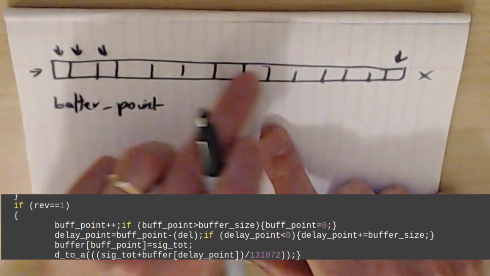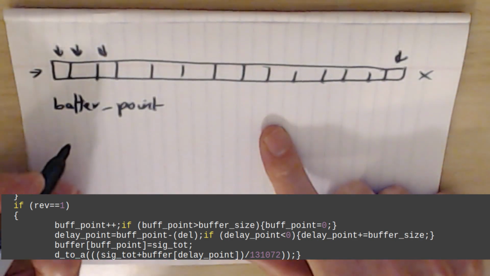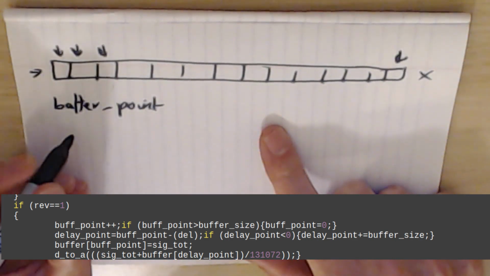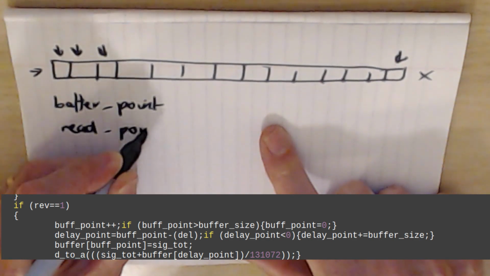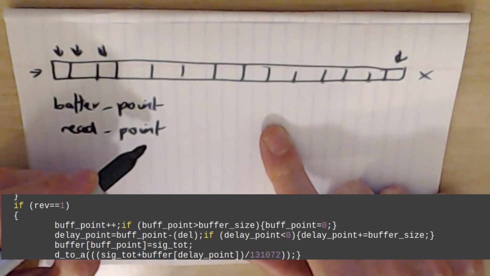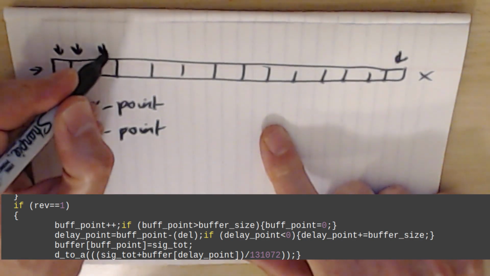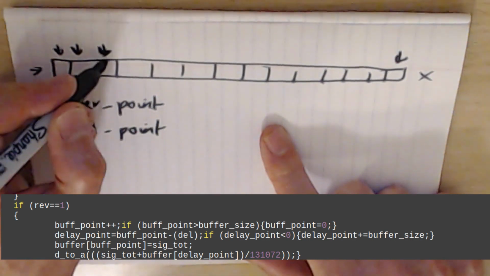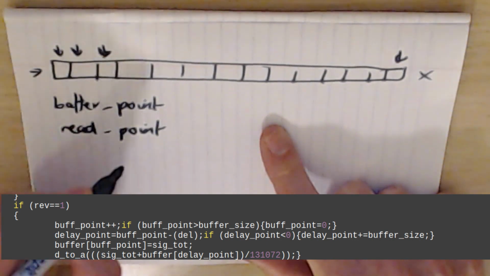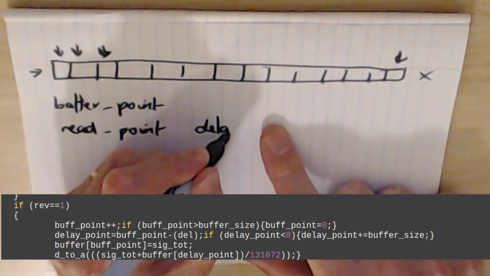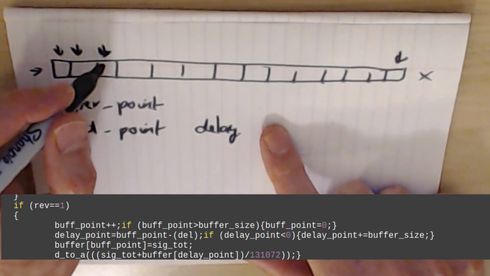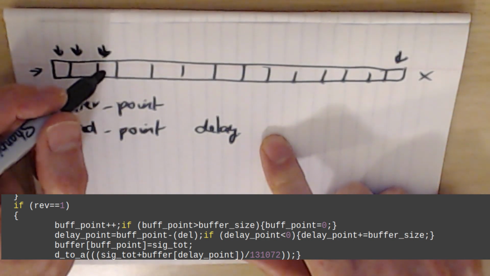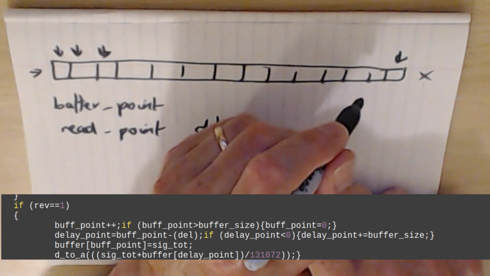So we're busy writing the data here. Then in order to create a delay, we can have a second point, which we could call our read point. If this is the buffer point, the read point is a certain amount behind, the delay, which is a value. So we subtract to find the read point, or where we're essentially placing the read head.